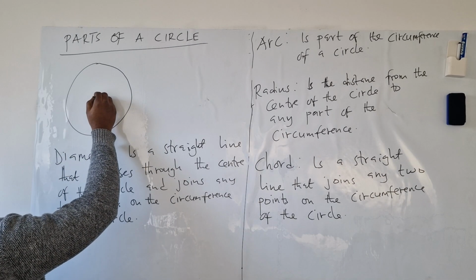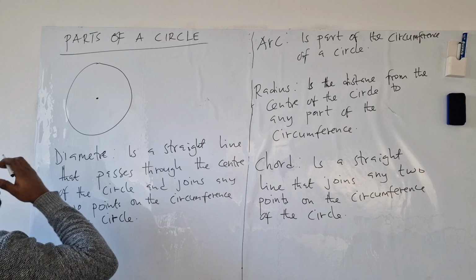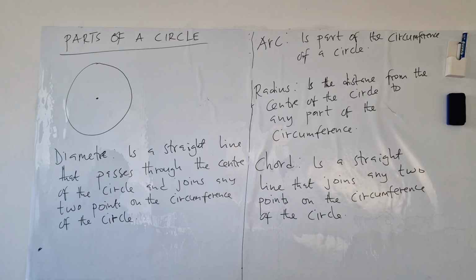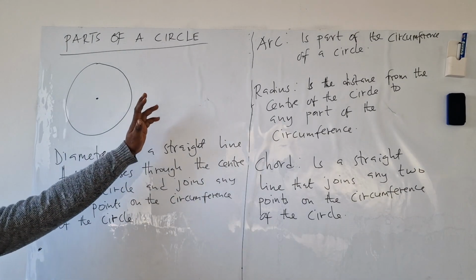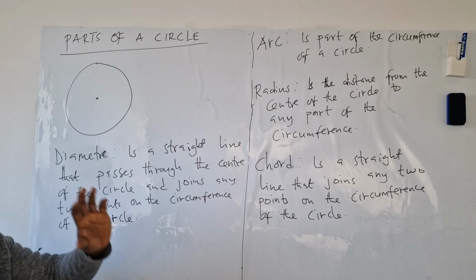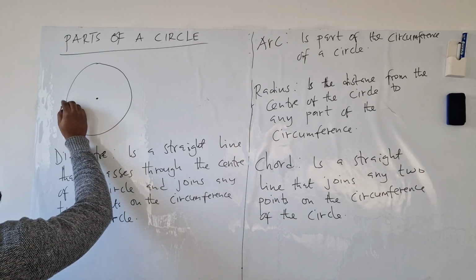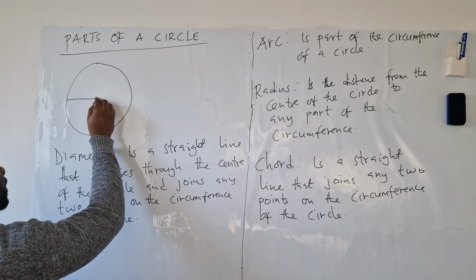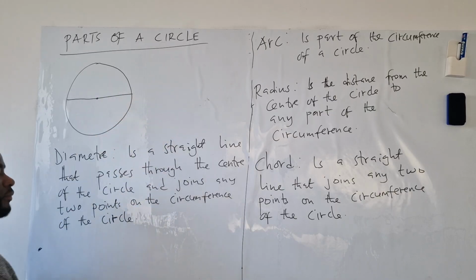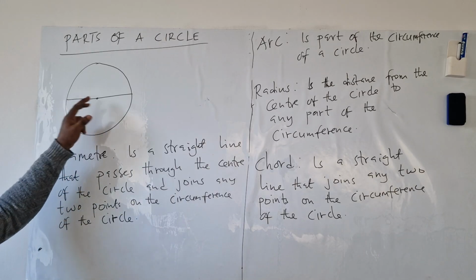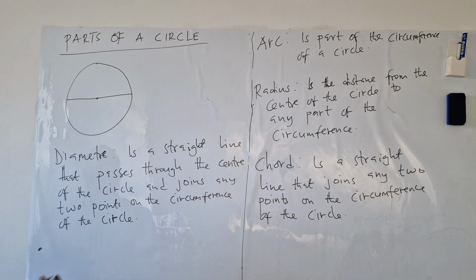So let's assume this is the center of the circle. Any straight line that will pass through this center and joins any 2 points in the circumference of the circle is a diameter. So this one is a diameter. Why? Because it's a straight line passing through the center and joins any 2 points in the circumference.